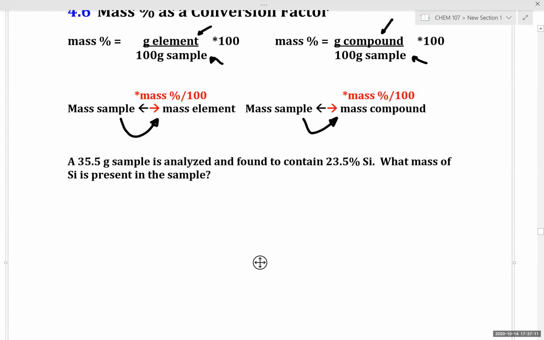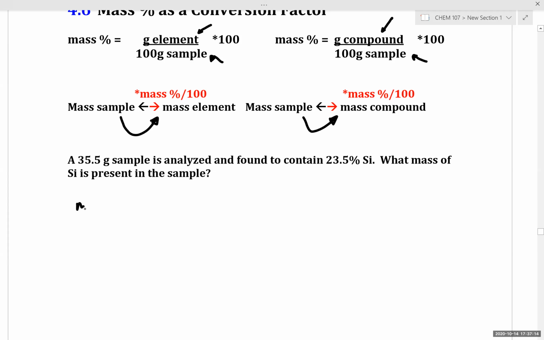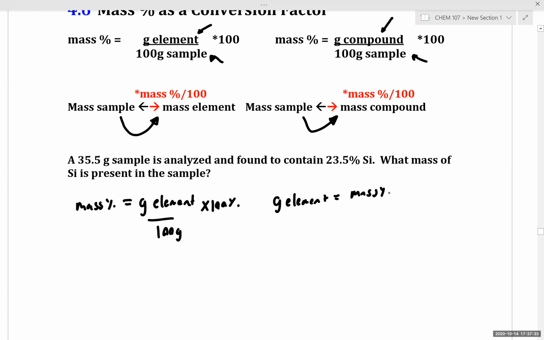So let's showcase this rearrangement. If the mass percent is equal to the grams of element over 100 grams times 100%, then we know that the grams of our element is equal to the mass percent, and rewriting this, outside of us assuming that we have a 100-gram sample, we can also write the mass percent as the mass of our element over the mass of our sample.